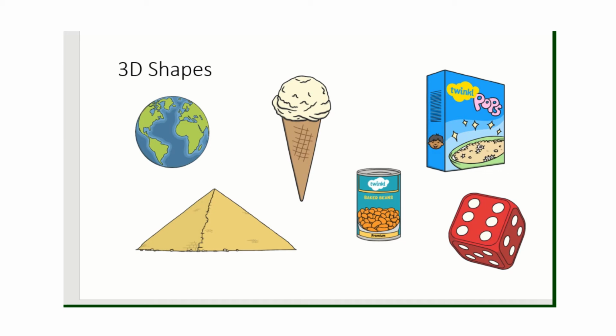Wonder what you could find that matches to the sphere. You've got the world, so you could have a globe, or you might have in your house a football, or maybe, what else could you have? An orange, maybe. So have a good look around your house. See if you could find a dozen things and sort them into names of 3D shapes.